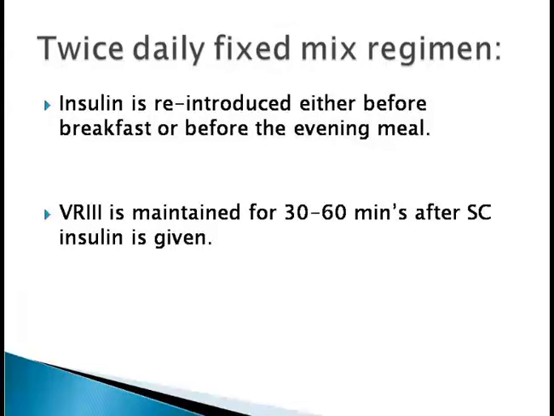But important is that the variable rate insulin is to be maintained for 30 to 60 minutes after the subcutaneous insulin injection is given.